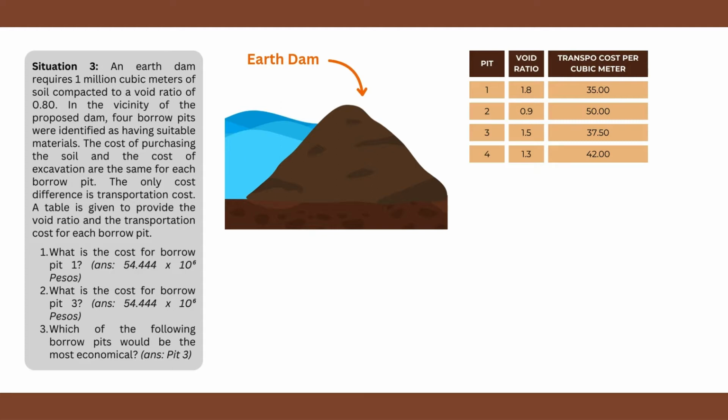The only cost difference is the transportation cost. A table is given to provide the void ratio and the transportation cost for each borrow pit. Given the following information, we are to solve for the following questions. What is the cost for borrow pit 1, for borrow pit 3, and which of the following borrow pits would be the most economical?